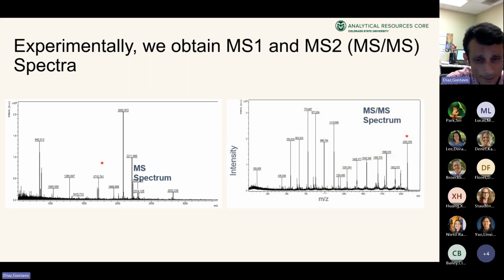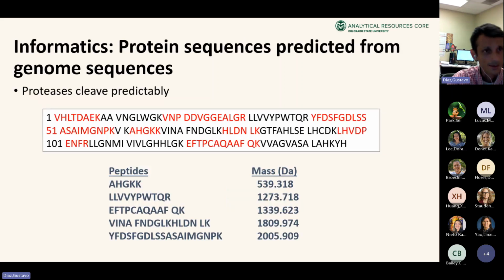But we need to provide researchers with meaningful information, which is a list of proteins with some relative quantification. So what we do to provide this information is use informatics, and we rely on protein sequences that are already predicted from genome sequences. They are normally in repositories. One of the most used ones is the UniProt repository.